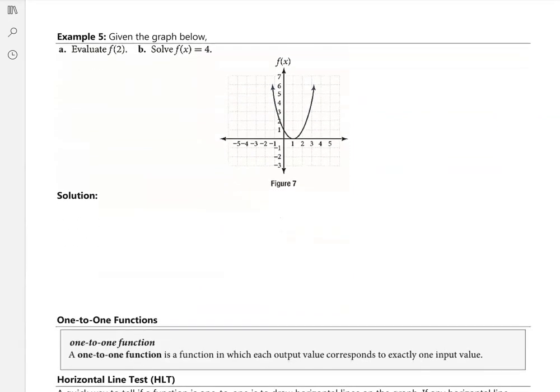Example number 5. This time, given a graph, evaluate letter A, f of 2, and letter B, f of x is equal to 4. So the input is 2. So f of 2, look for 2. This is the number 2 on the x-axis.